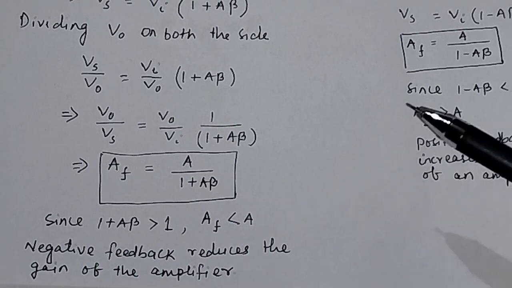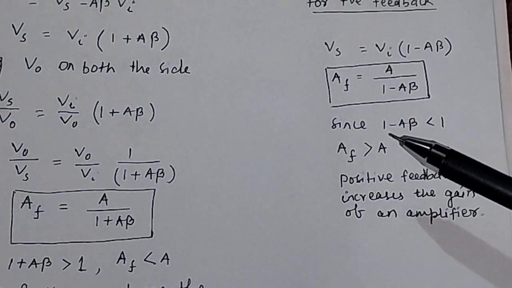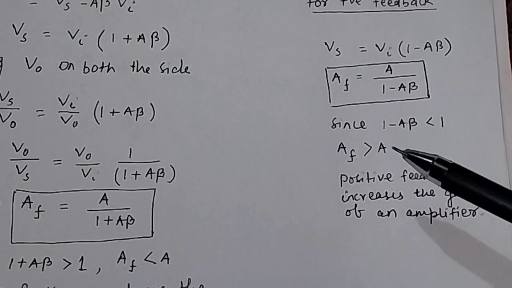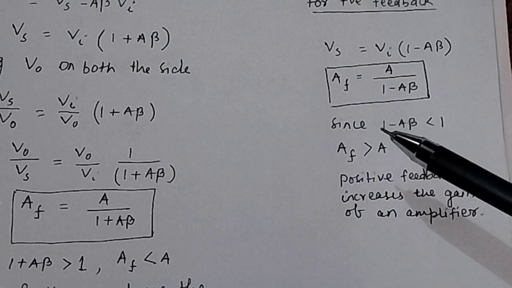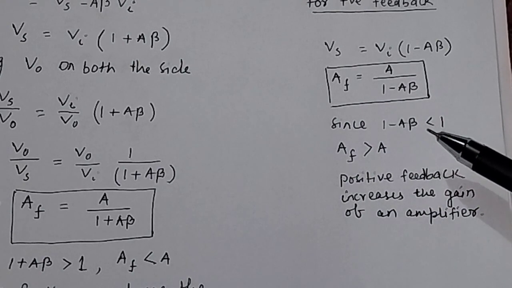But what will happen in case of positive feedback? In case of positive feedback, the term 1 minus A beta in the denominator is less than 1.